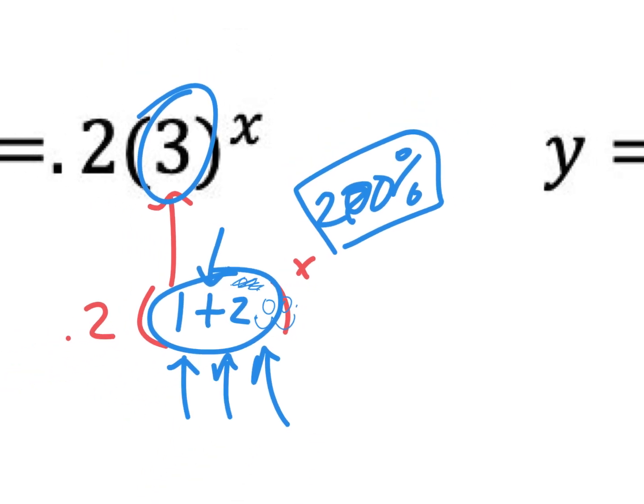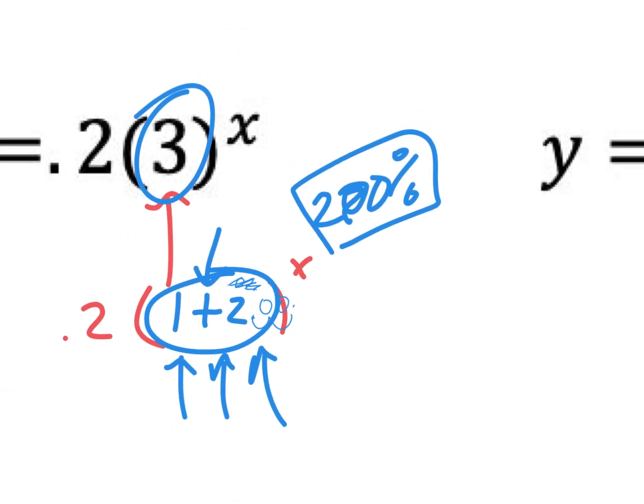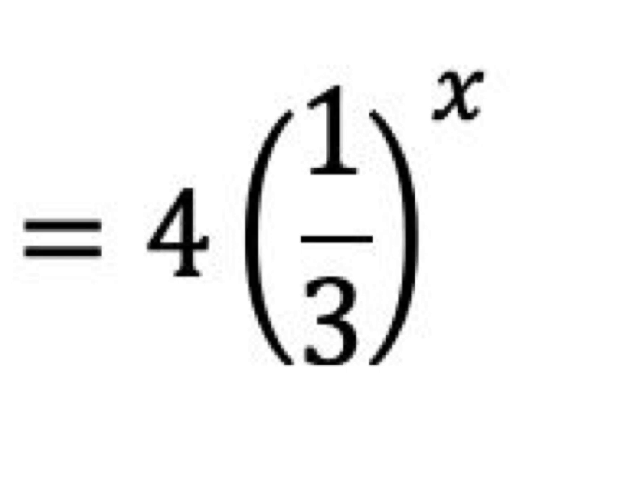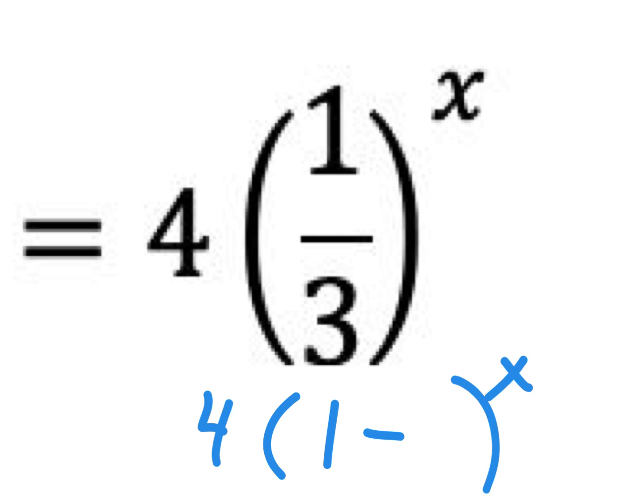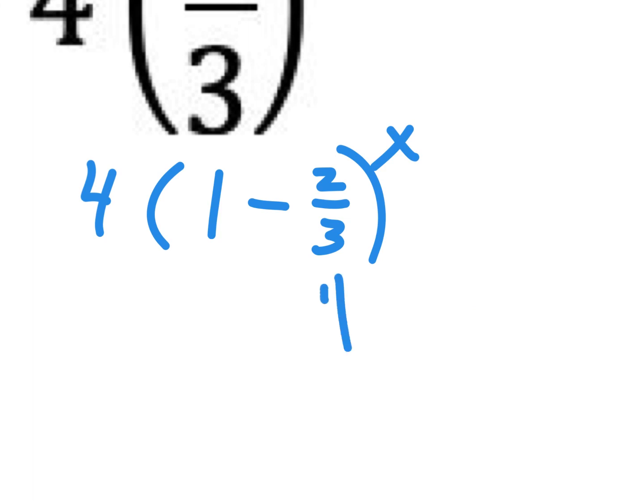Okay. And then this one, growth or decay? Decay. Would you agree that this is 1 minus something? 1 minus what? 1 minus 2/3 would give you 1/3, right? So then that, if you used a calculator, it'd be 0.66666.